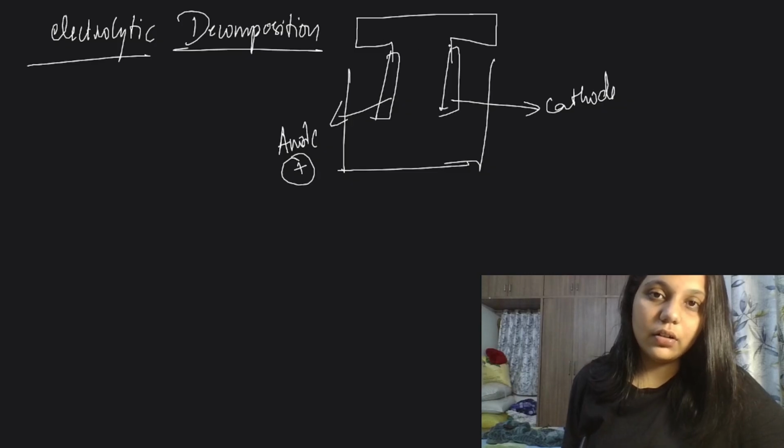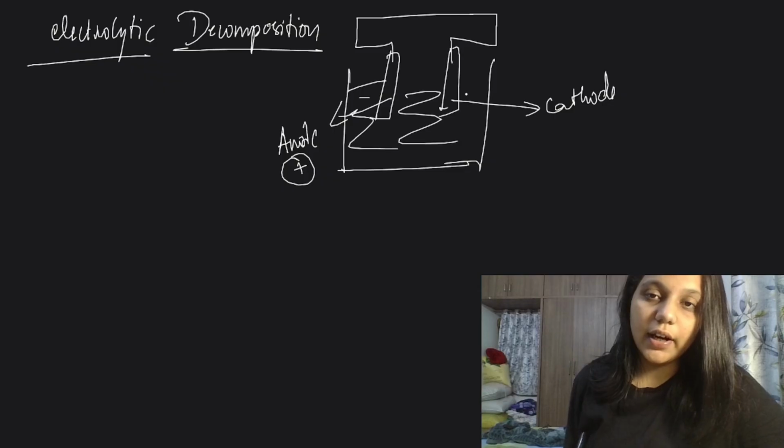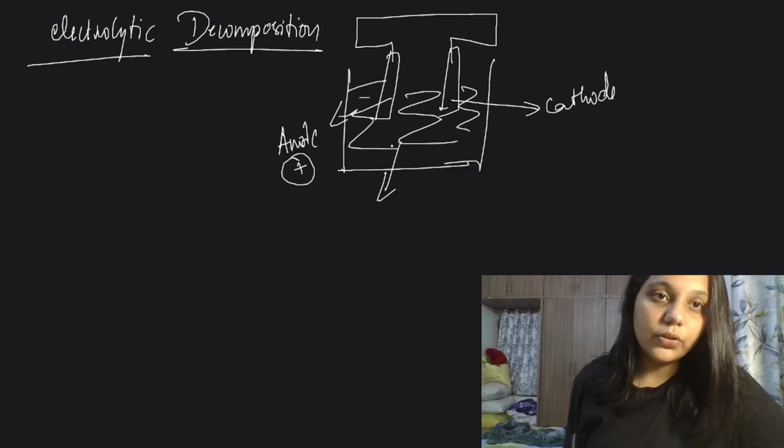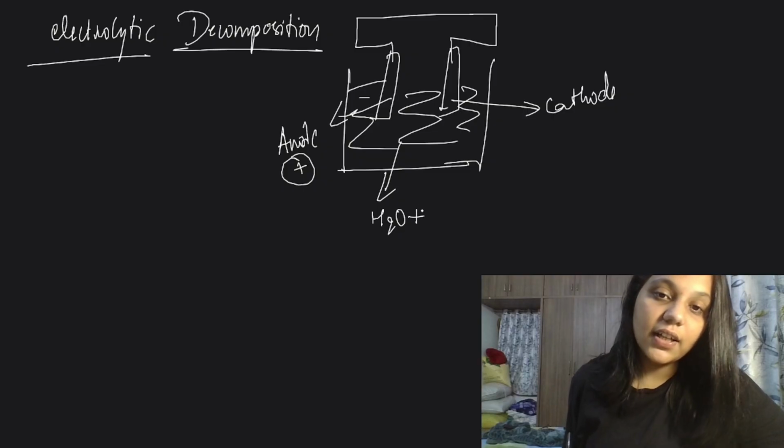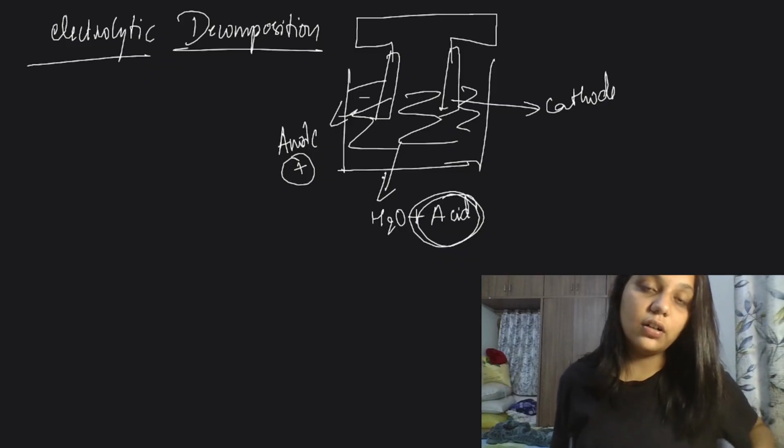The equations are given, and you put these electrodes in the water, but water itself does not conduct electricity. So in order to increase it, we put some acid. Why do we put acid in this water during electrolytic decomposition?